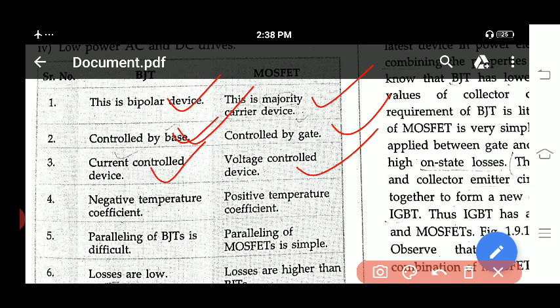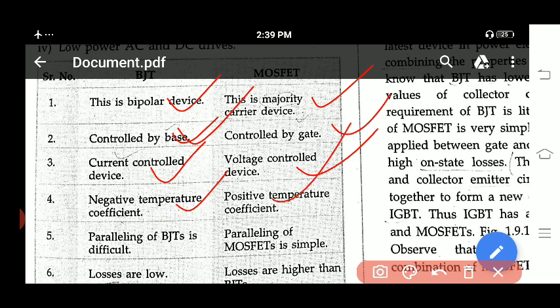In the graph we have seen, if you want to switch your MOSFET from cutoff region to saturation, you increase VGS, the gate to source voltage. But in BJT, to switch from cutoff region to saturation region, you control the base current IB. Whenever IB equals 0, it will be in the cutoff region. When IB is increased, it can be switched from cutoff to saturation. Because of this, MOSFET is voltage controlled and BJT is current controlled.